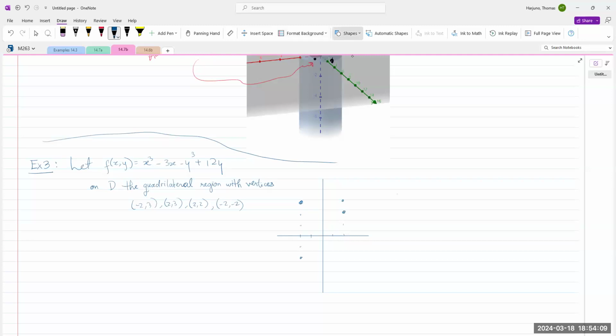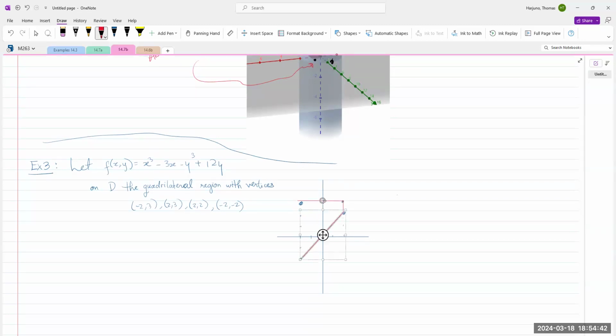So we are talking about this. Yeah, approximately like this, okay? So we are talking about this region here.